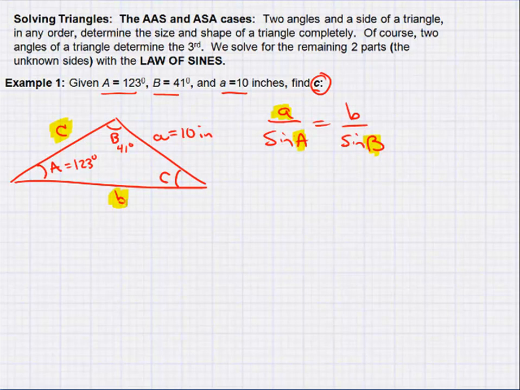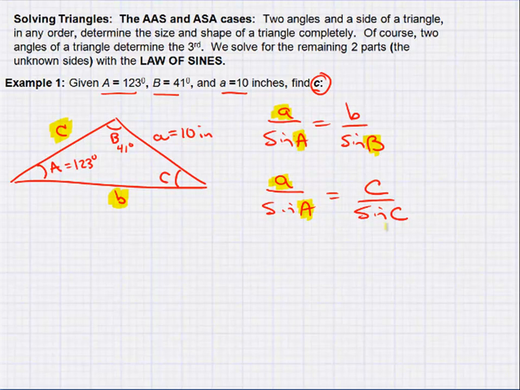Now, that's not really what we're looking for, right? What we're looking for is c. But I can use that same idea. Well, if I think about it in terms of, say, c, I could do a over sine A equals c over sine C. But I don't know 3 out of the 4 of these, right? I know angle A and side a.